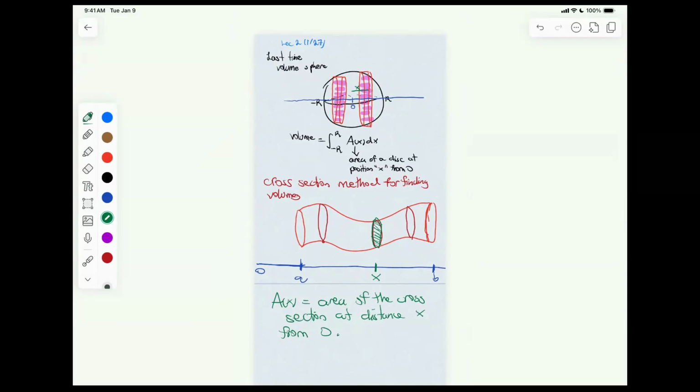So far, so good. Is the picture making sense up to this point? So again, you're just making cuts, cuts, cuts, cuts, cuts. And then you imagine that this gets thickened out a little bit.